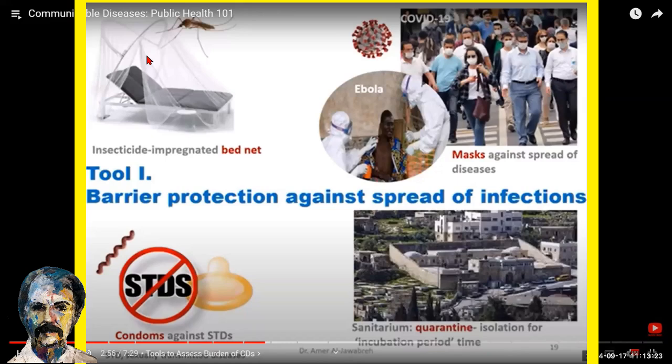And this was used as a sanitarium or quarantine area for those who had leprosy, Mycobacterium leprae. That's what they told me. Nowadays, it's no longer used as a quarantine. It's used as just a normal clinic. And even until now, they call it quarantina. So isolation, a barrier from outside.